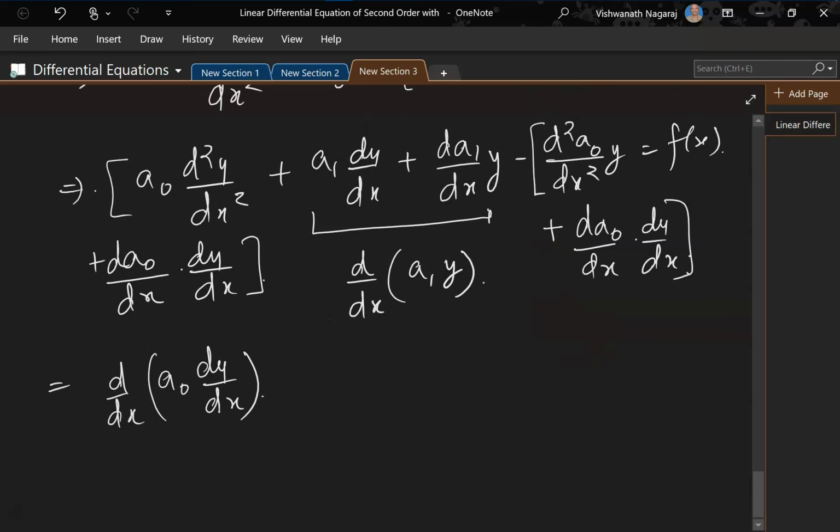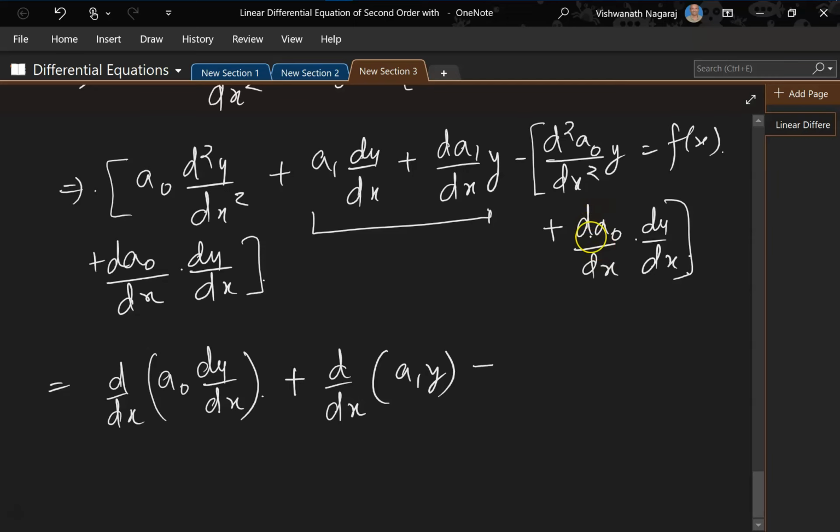So our equation becomes what? Let me take this here. Plus d by dx of a1y minus, again, d by dx of, this can be written as what? Look at it very carefully. You can write it as dA naught by dx times y.